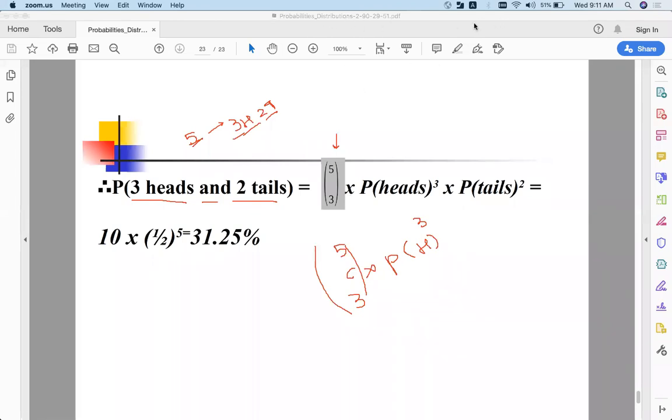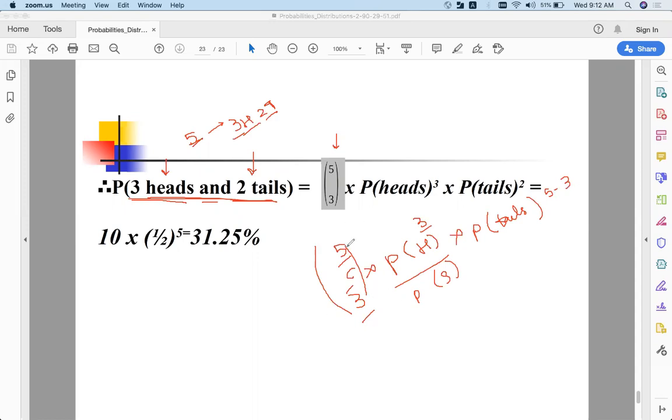Okay, so what I'm trying to explain here is, the total number is 5. Among those, 3 of them I want heads and 2 of them I want tails. So the formula is 5C3, multiplied by the probability of success to the power 3, because I want 3 heads, multiplied by the probability of failure, which is the probability of tails, to the power 5 minus 3, which is 2.